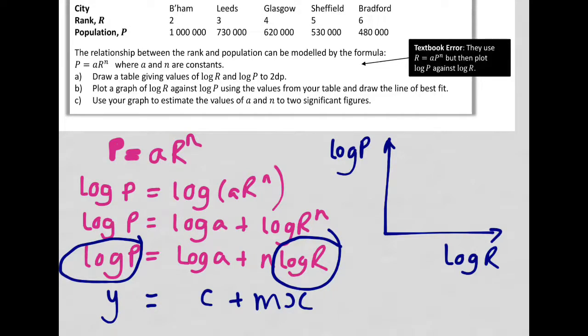Anyway, whatever everyone is saying and the confusion, the key bit is if you write this out and then compare, you will know that log r is on the x-axis and log p is on the y-axis. So the first stage of this question is for you to draw out a new table and to find the log of r for each of those and the log of p for each of those. And that's what you need to do to start with.